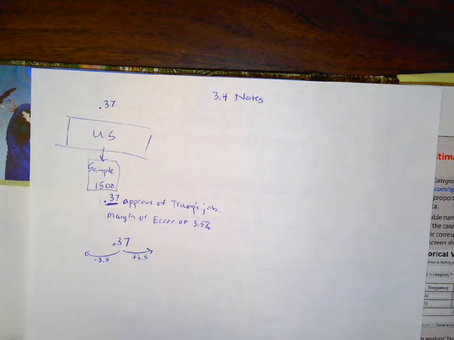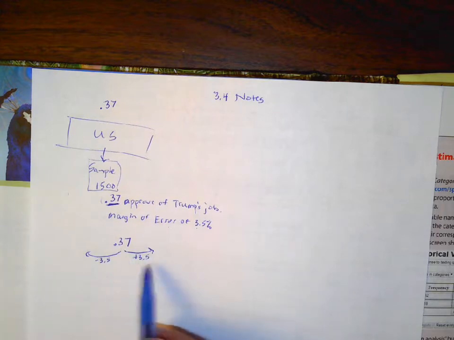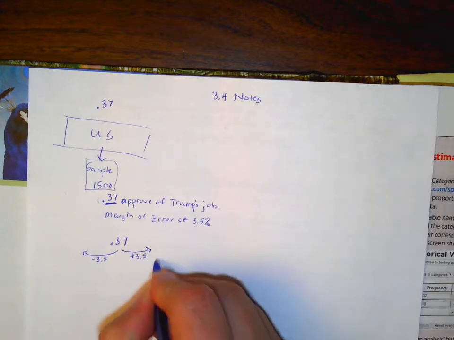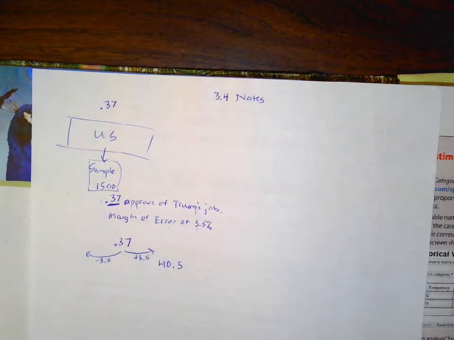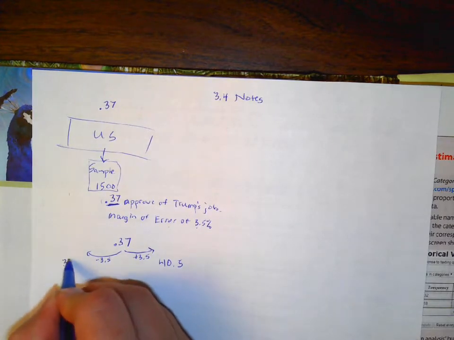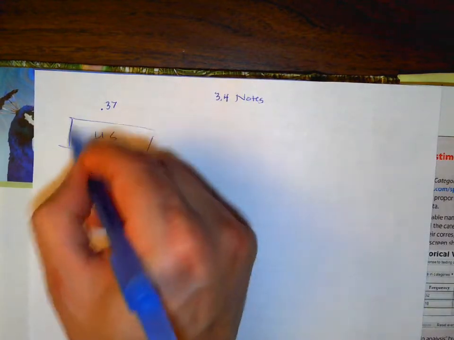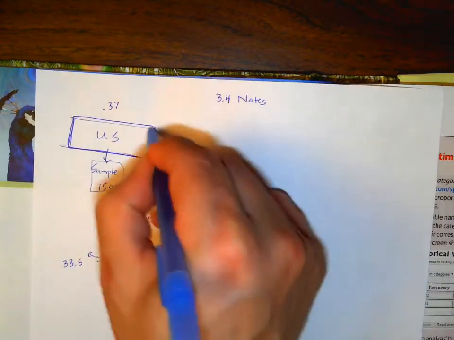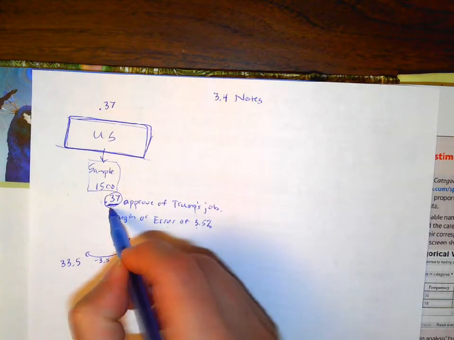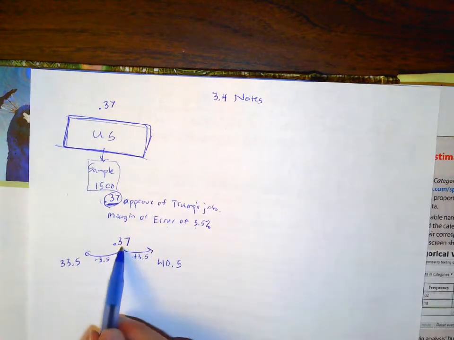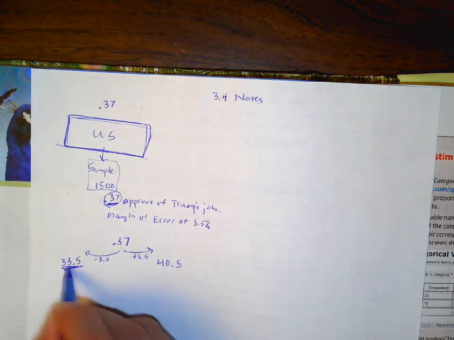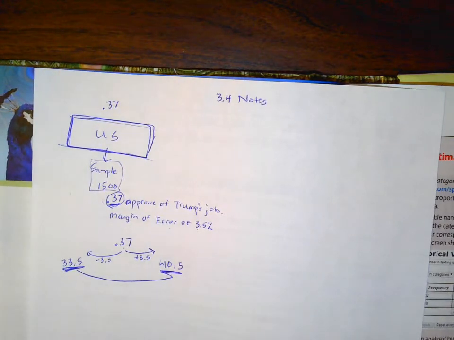Okay, so if I take 37 and add 3.5%, I get 40.5. And 37 minus 3.5% would be 33.5. So what we're saying here is we believe the whole United States, based upon this sample, we believe the whole United States is this, but maybe it's between here and here.